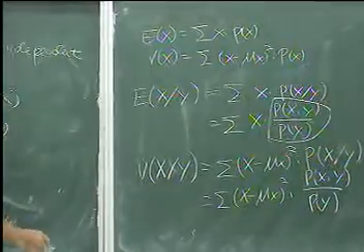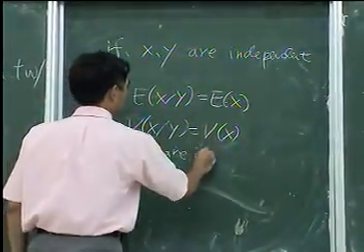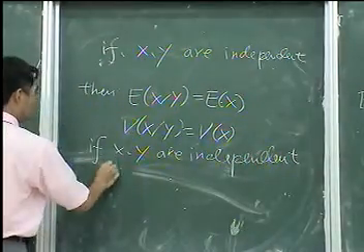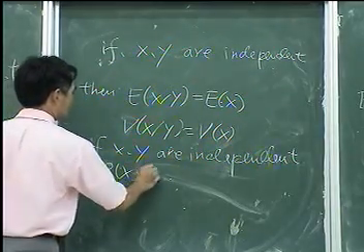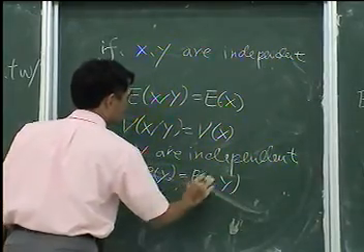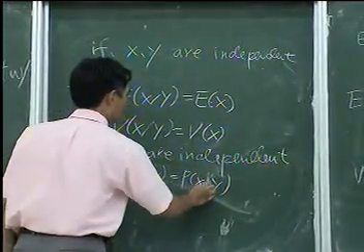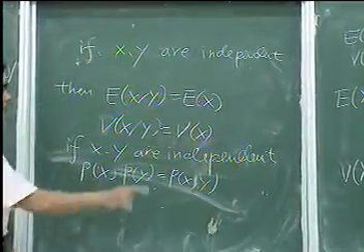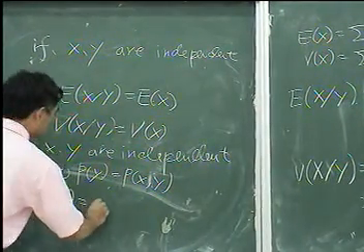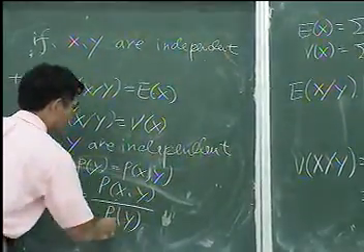The reason is if x, y are independent, then we know px times py is equal to pxy, right? And so what does that mean? That means px will be equal to pxy over py, right?